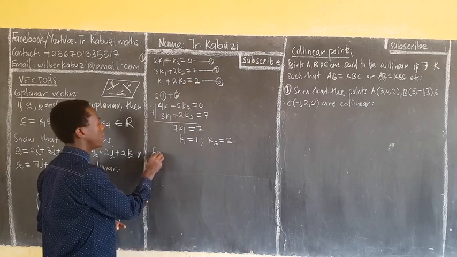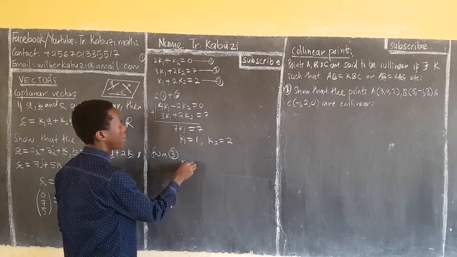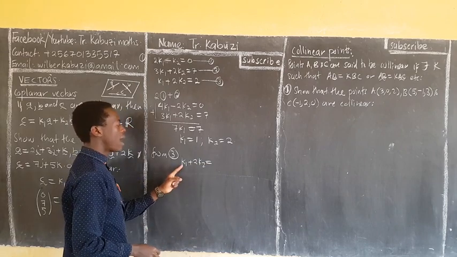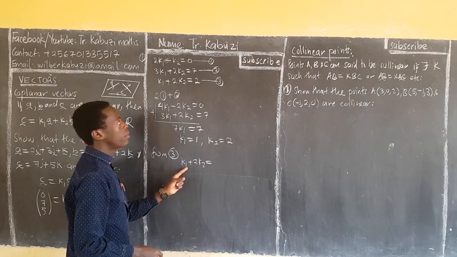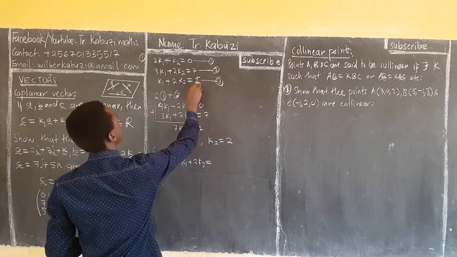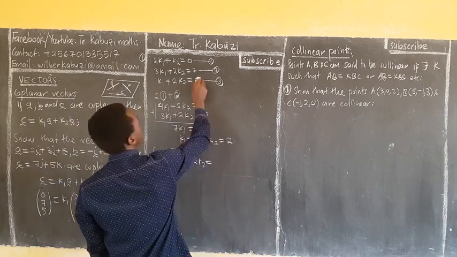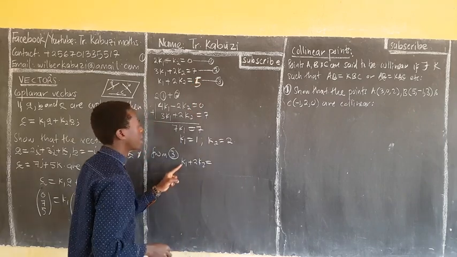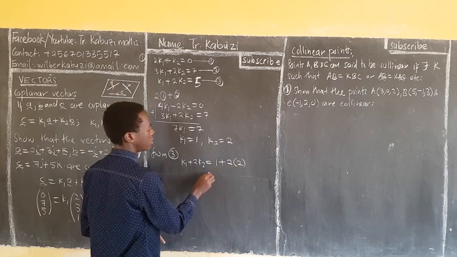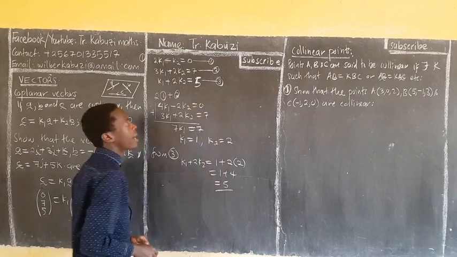So from equation 3, K1 is equal to 1 and K2 is equal to 2. I want to see: is it consistent? Now you put the values. The values you are putting should give you the value which is 5. This plus this was giving us 5. So let us see: K1 is 1, plus 3 into K2, which is 2, which will be 1 plus 6... which gives 5, which is the left side.